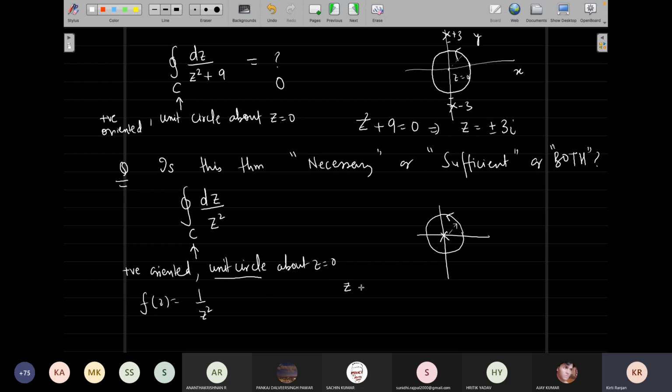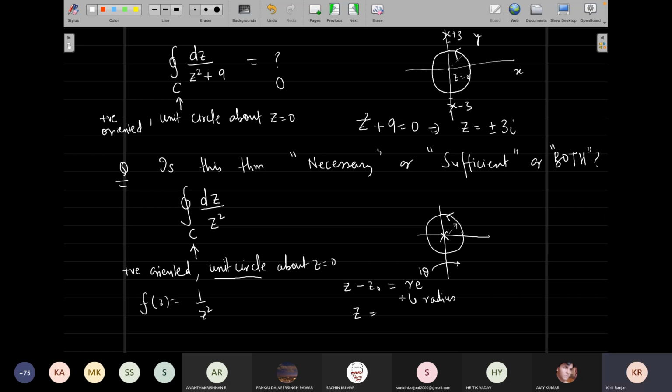In general, z minus z naught is equal to r e^(i theta), where r is the radius or the modulus of the circle, and theta is the argument. Now in this case, since the circle is centered exactly at z naught equal to 0, what is the radius of the circle?